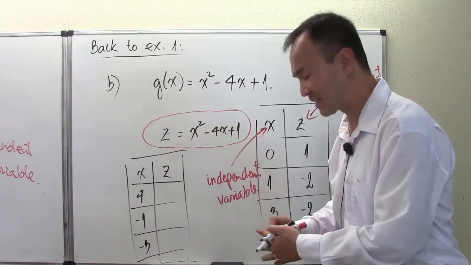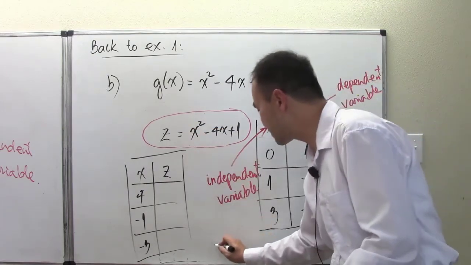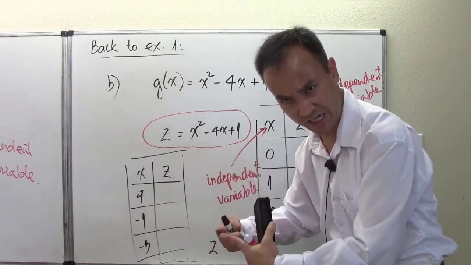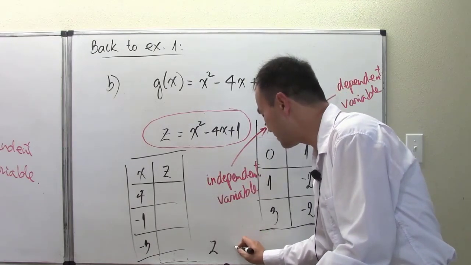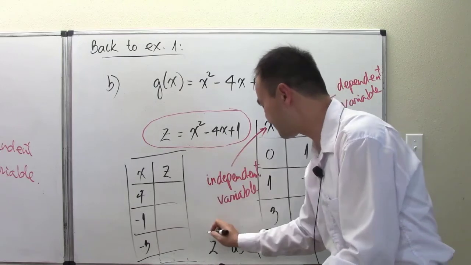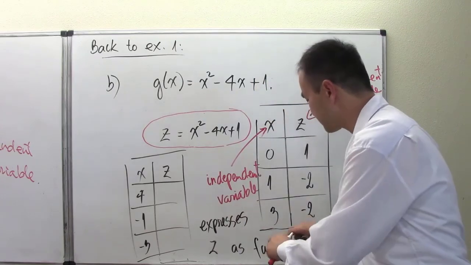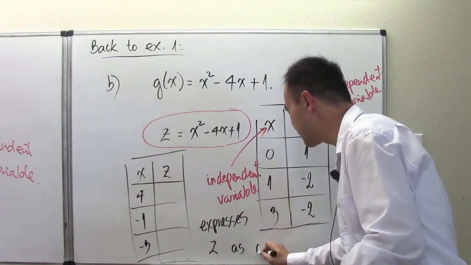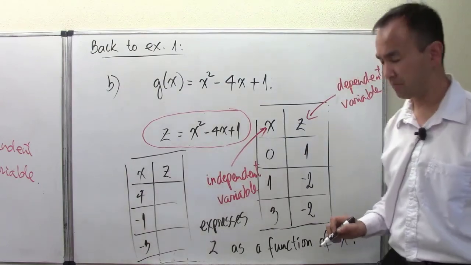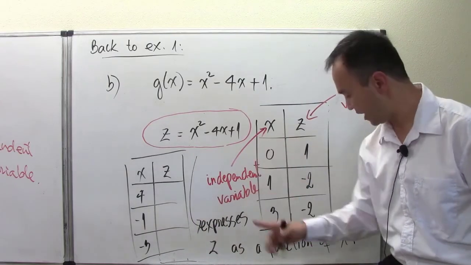Another way you will hear people say a lot of times, talking about the role of these two variables and how they are related to each other: this equation expresses z as a function of x, because z is the dependent variable and x is the independent variable.